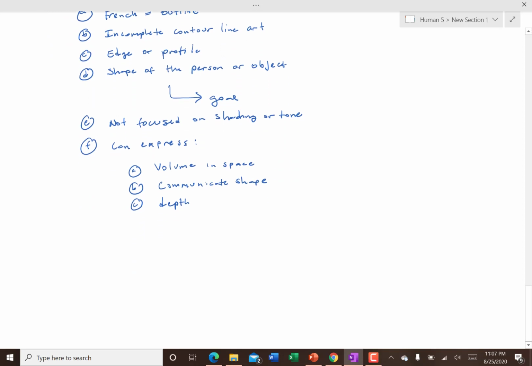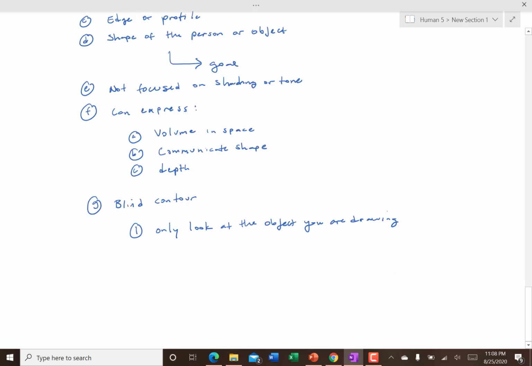Blind contour is a style where you only look at the object you're drawing. You do not take your eyes off of whatever it is you're looking at. Let's say we're going to look at an example of an apple.